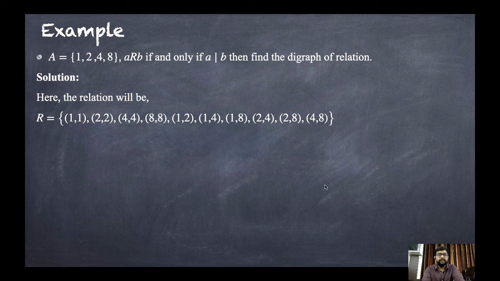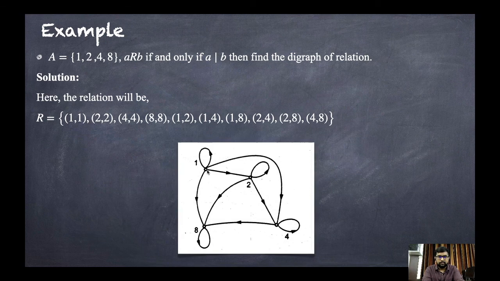Now here, there are total 4 points. So each point we will represent by this type of point. So here 1, 2, 4, and 8. Now the first 4 entries: (1,1), that means 1 loop is there. (2,2), 1 loop. (8,8), 1 loop, and (4,4), 1 loop.